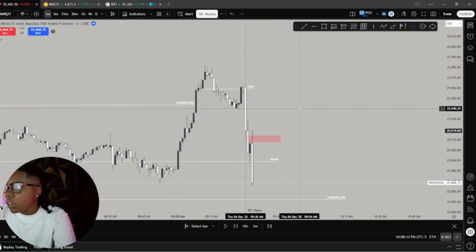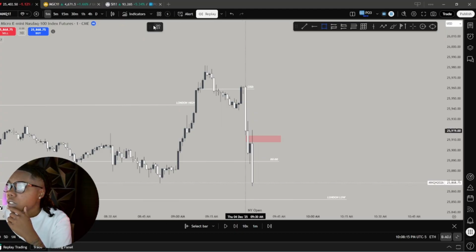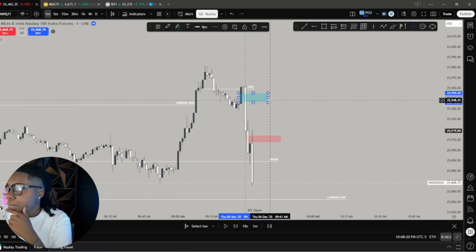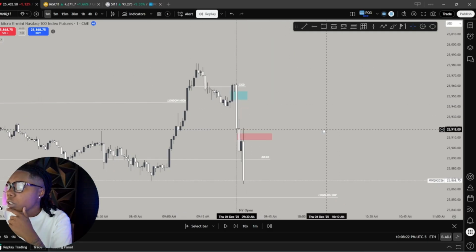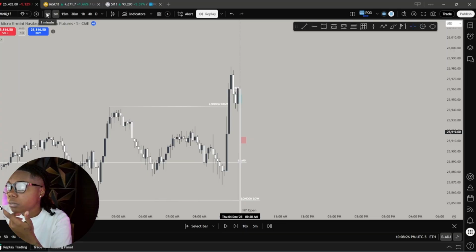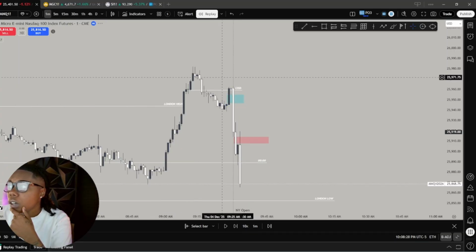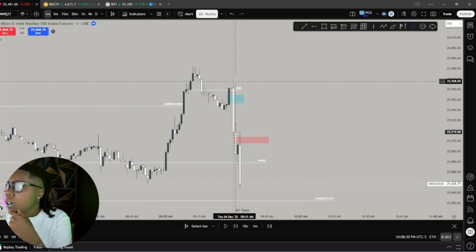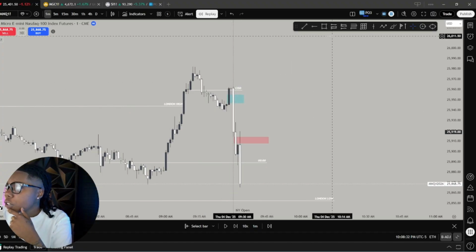So how this could have played out was: London high swept. We got a CISD, a 1-minute CISD, and a nice 5-minute CISD too. We inversed a bullish fair value gap.